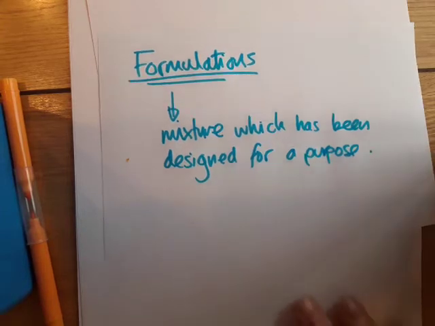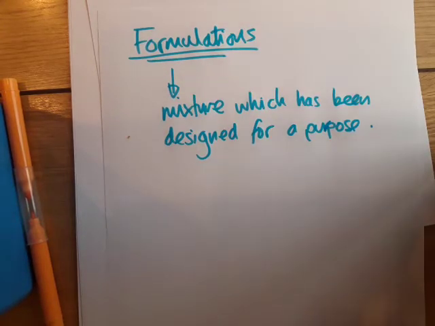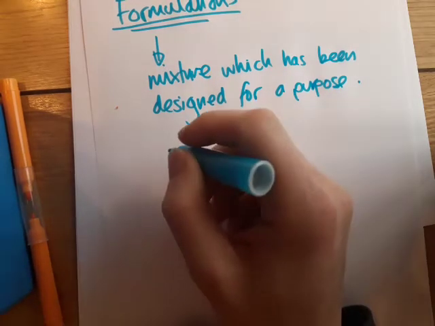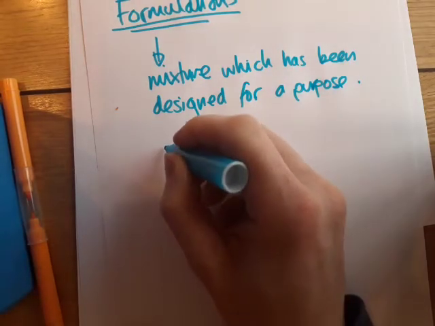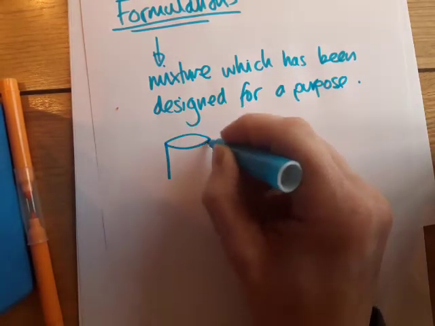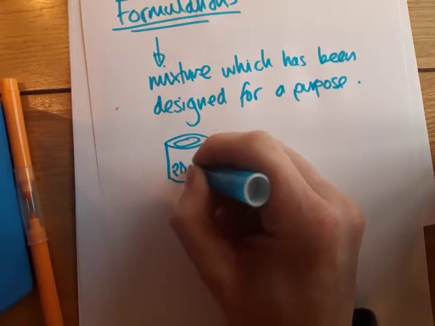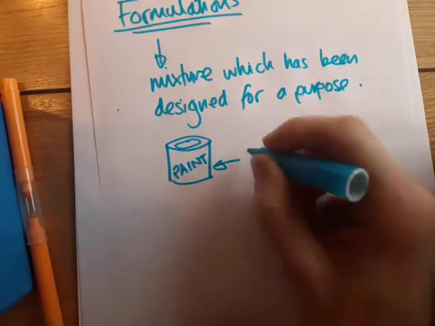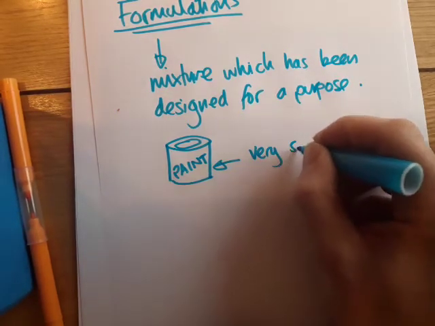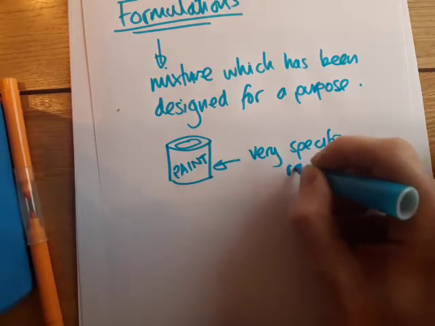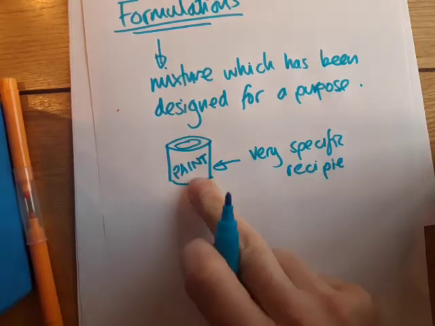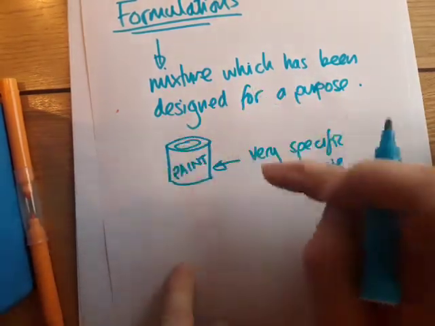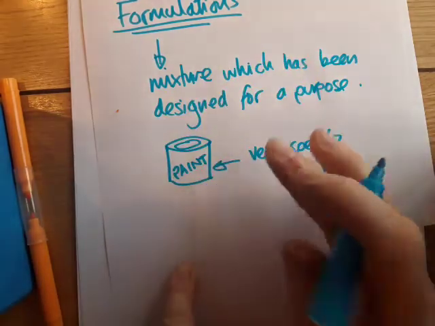So what I mean by this is, first I'm going to start off with some examples. If you were to take some paint, for example, a tin of paint from B&Q or wherever it might be, this paint here will have been made to a very specific recipe by the company that made this paint. They will have taken a mixture of different colours and mixed them together, and they would mix some water in there and some oil in there.